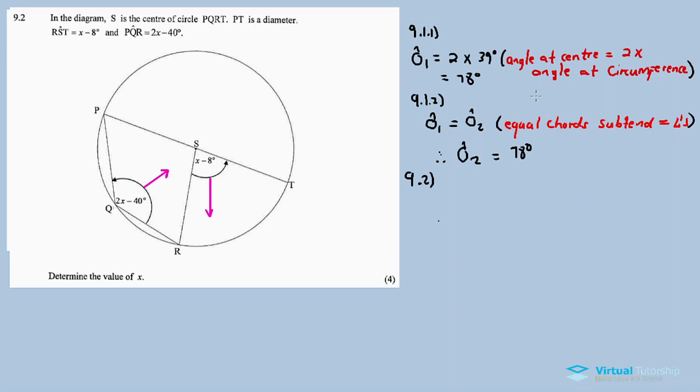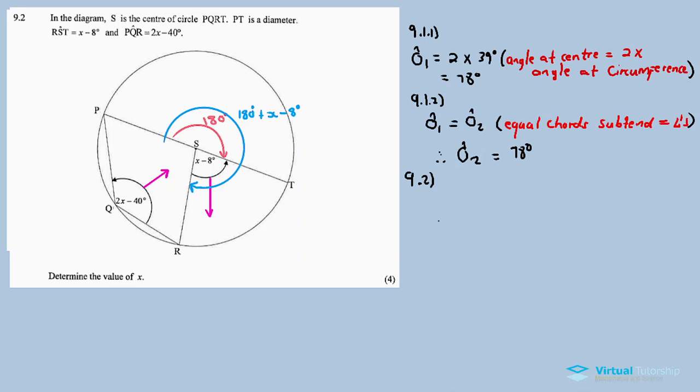They need to face in the same direction. So in order for these angles to face in the same direction, I need to include this angle of 180 degrees. So I take 180 degrees and add it to the angle RST. So I add x minus 8 degrees plus 180 degrees. This is what I get. That is the whole angle here, right?